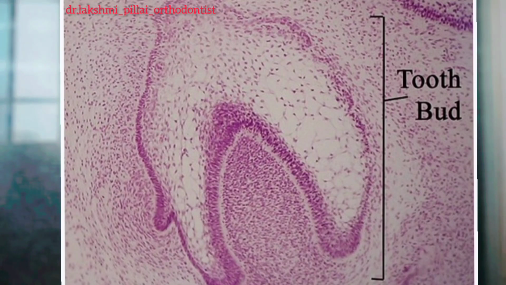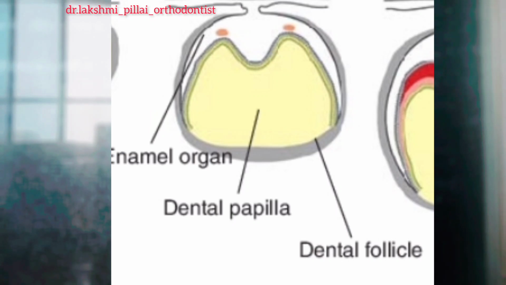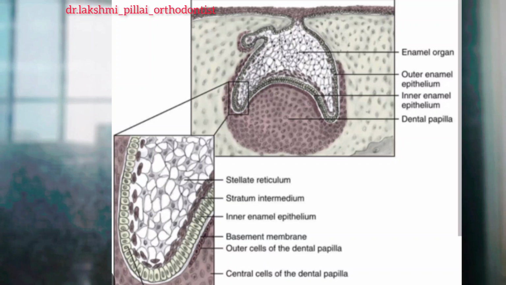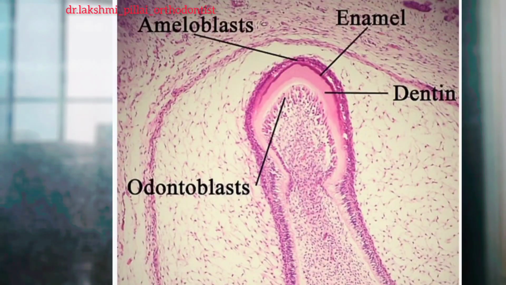It is organized into three parts: enamel organ, dental papilla, and dental follicle. The enamel organ comprises four layers: the inner and the outer enamel epithelium, the stratum intermedium, and the stellate reticulum. The enamel is made before a tooth erupts into the mouth by the enamel organ, which contains the cells called ameloblasts.